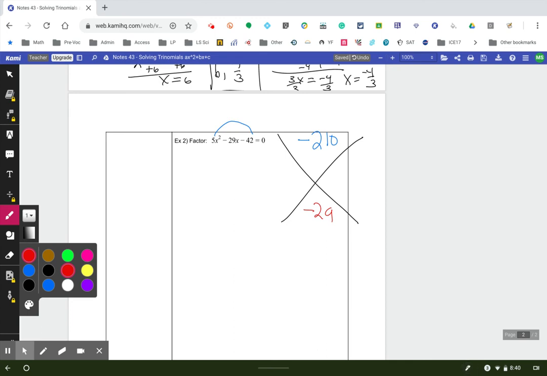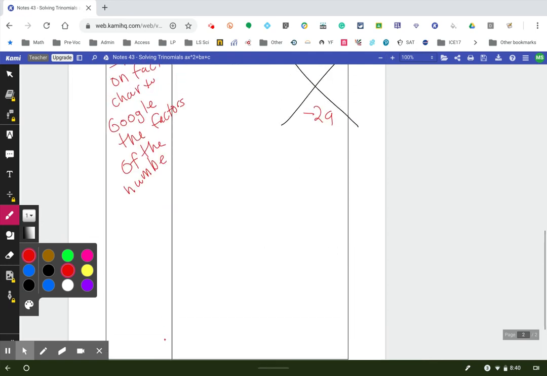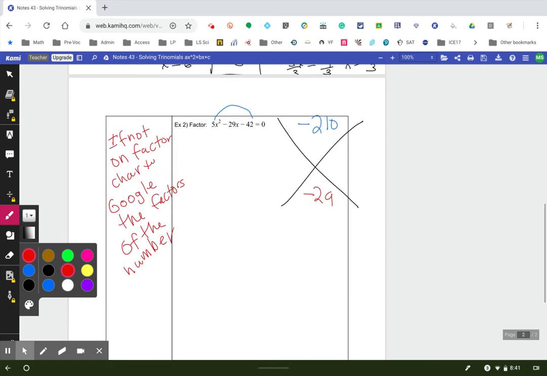So if it's not on your factor chart, Google the factors of the number. That'll be an easier way to do it instead of trying to rack your brain about finding all the pairs. If you want to do it that way and do it by hand, by all means, go for it. But you have permission to use Google for this.